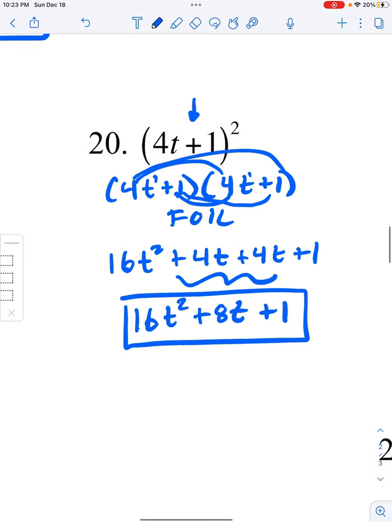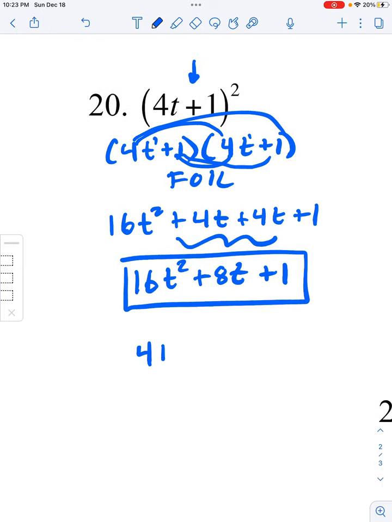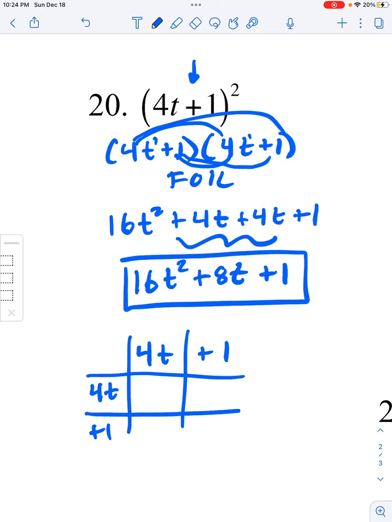Now, if you like that chart method, you can write the 4t plus 1 up the side and a 4t plus 1 down this side. In this first box, I'd be taking this 4t times this 4t, and I'm going to get 16t squared.